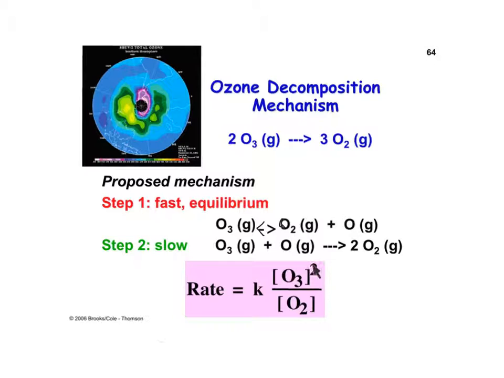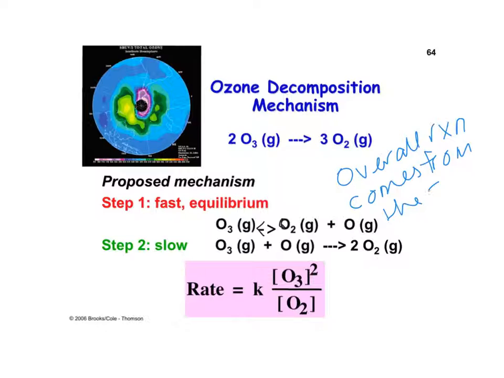They also have a rate expression, and that is given by experimental data. So again, there's no changing this. All of this has to yield this rate law. So let's look at a couple things first. First thing we need to look at to decide whether or not this mechanism is valid is we need to see if the overall reaction comes from the summed elementary steps.